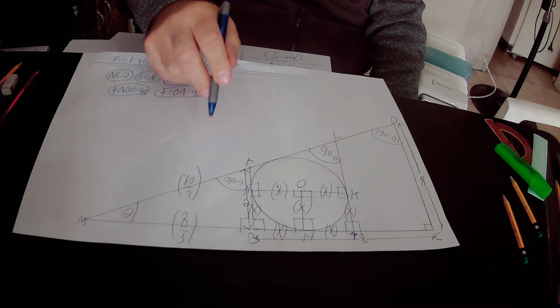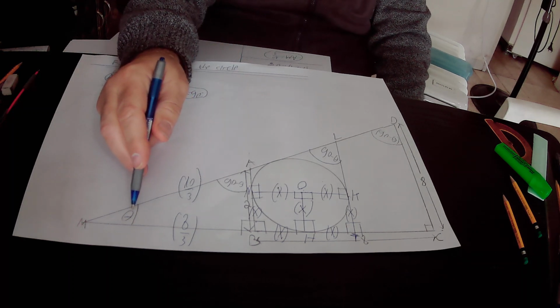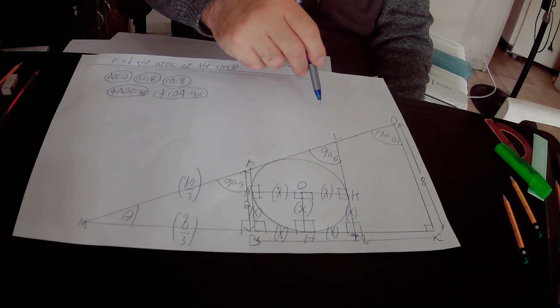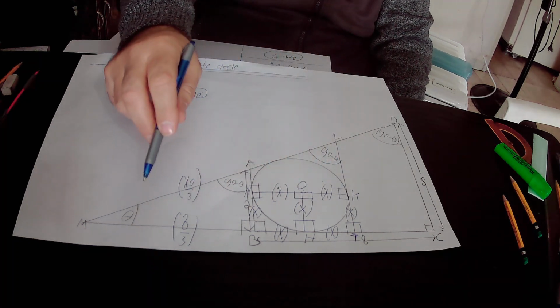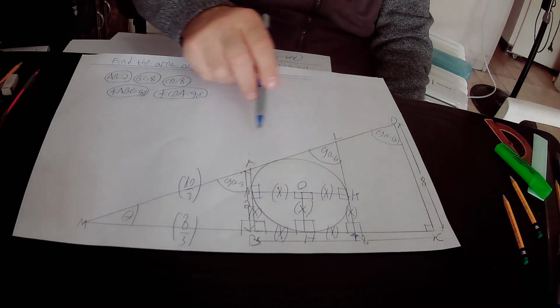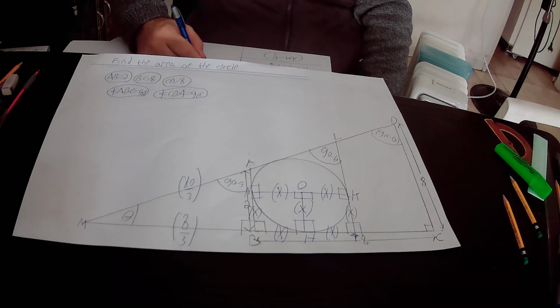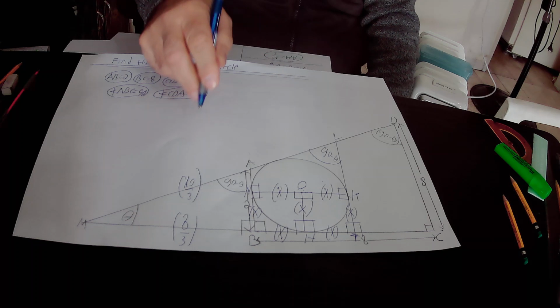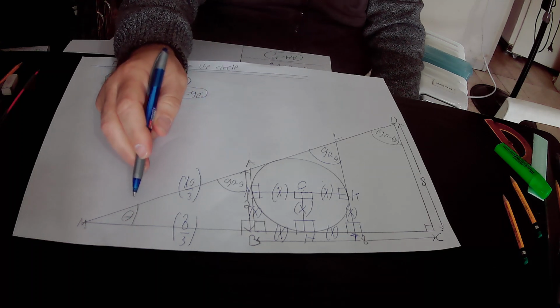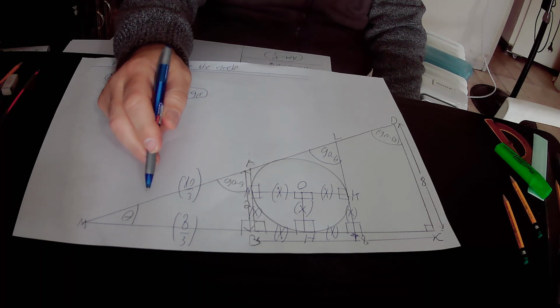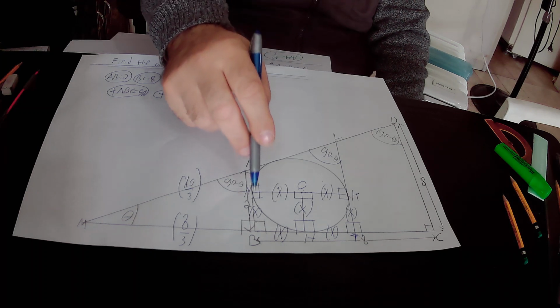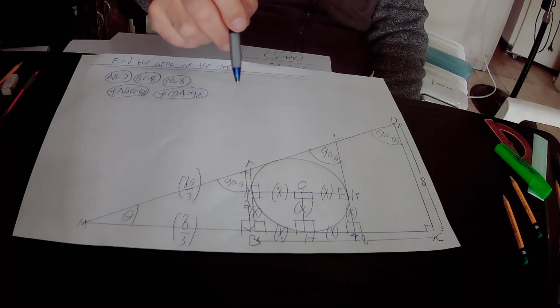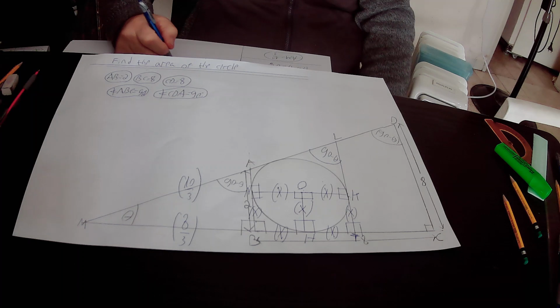So if we relate to angle theta as it belongs to the right middle triangle LTM, it will be defined as angle LMT, and it equals itself. If we relate to angle theta as it belongs to the right small triangle MBA, it will be called angle AMB.